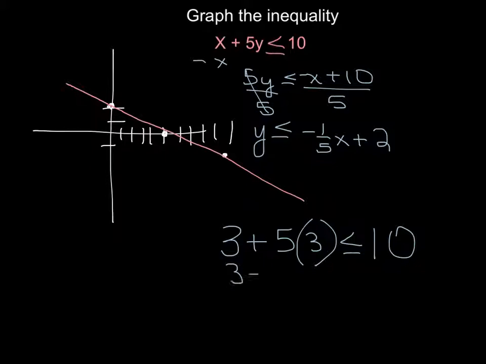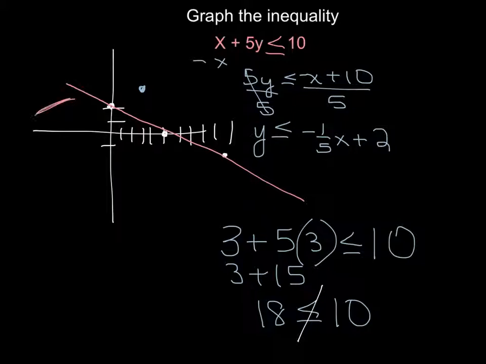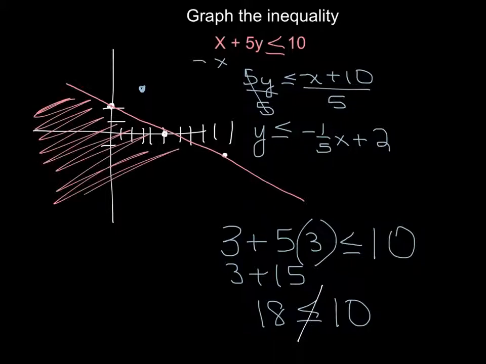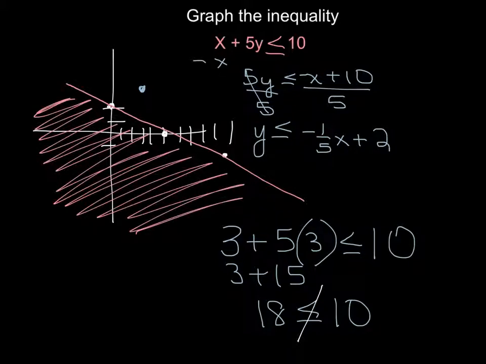So this is 3 plus 15, which is 18, is less than or equal to 10, and we know that this is not true, which means you would only shade in the part of the graph that does not include 3, 3. So 3, 3 would be up here. This means that you would want to shade in the bottom half of the graph to show that that half of the plane is included in this inequality.